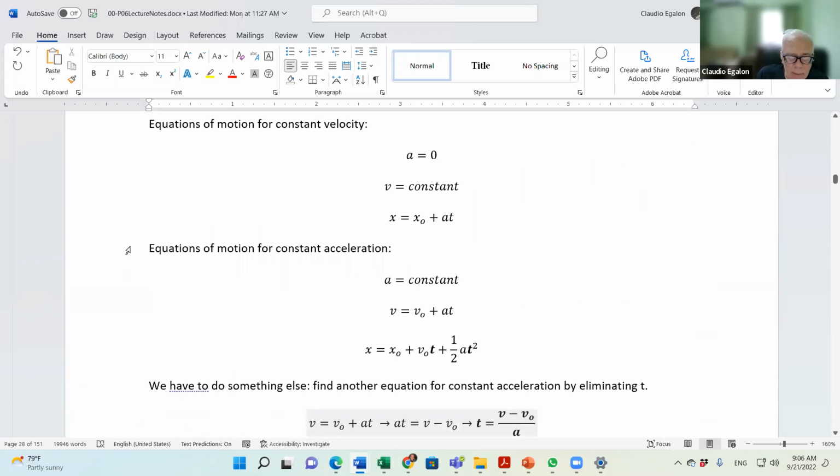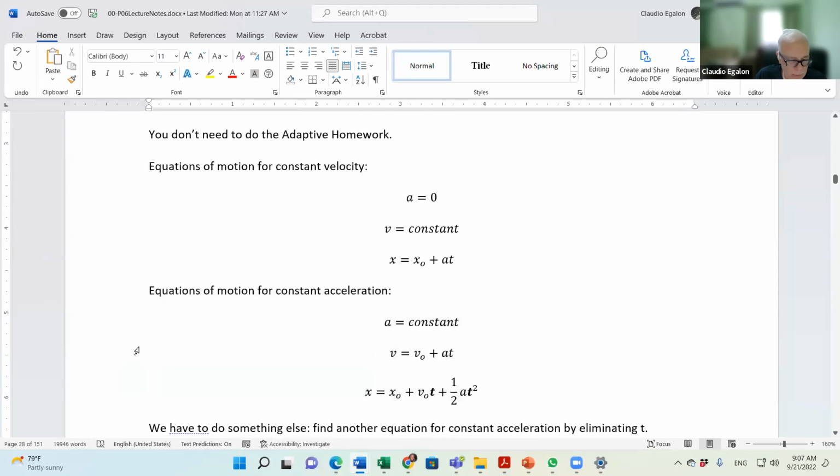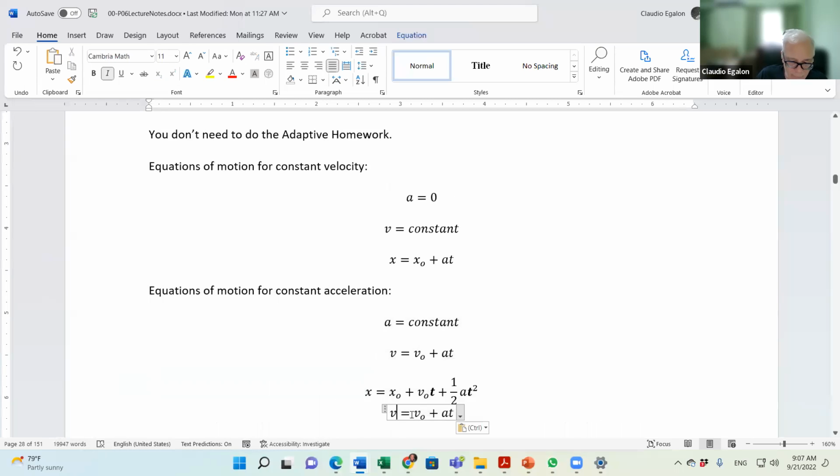There's one more equation here for constant acceleration that I didn't put. That's the equation for the average velocity. And then there is one more that you have to know. That's, here you go, final velocity plus initial velocity. You saw that before, right? I mentioned that to you before.